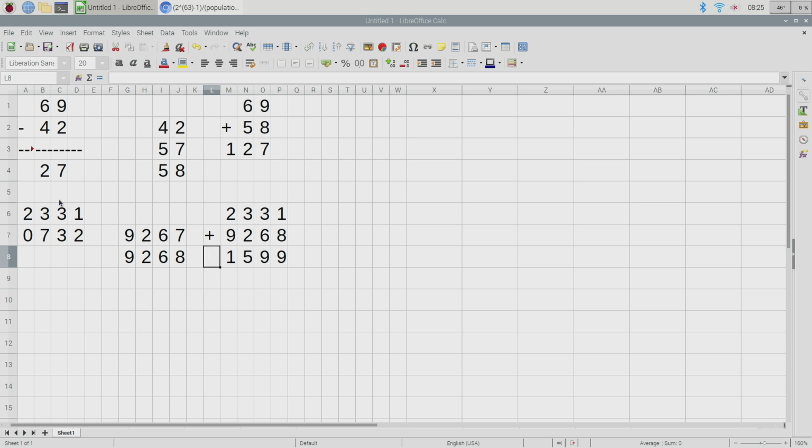Is that the correct answer? Come on, this isn't rocket science. Because 2,331 minus 732, you have to do a little bit of borrowing and carrying. But is that correct? Yeah. Wow.